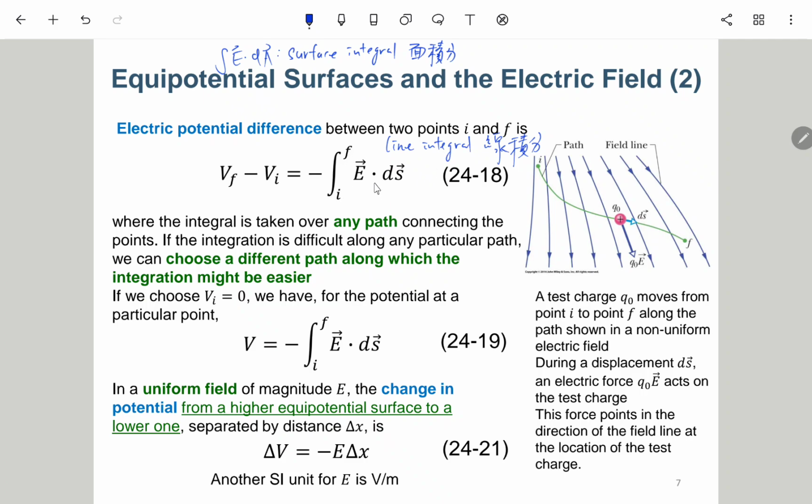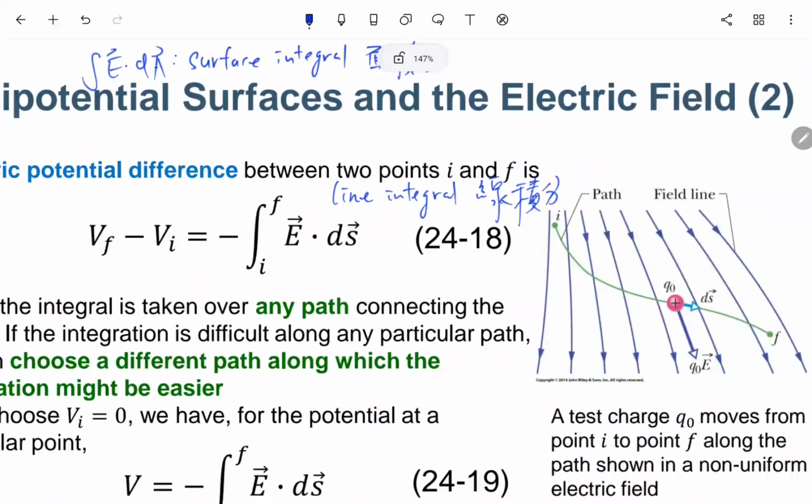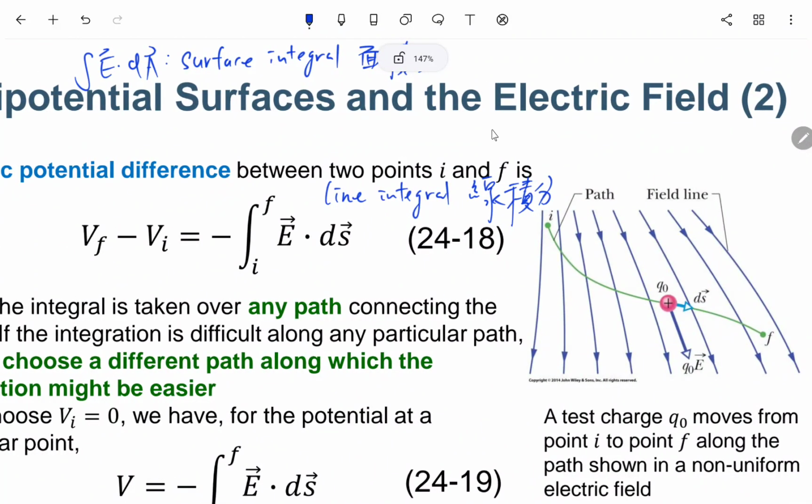Okay, so what does it mean? Let's see in this figure. Of course, we have an electric field. It is not quite uniform, so this can be applied to an arbitrary E field.